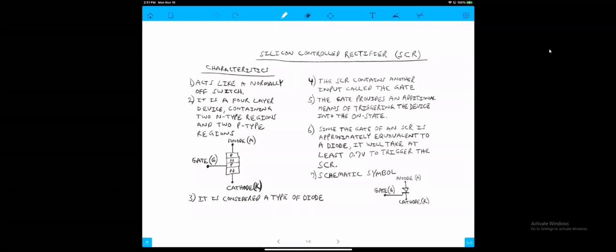Okay, now we're going to look at the equivalent transistor. How do we actually design an SCR using transistors? This is important because you're going to need to know how to do this for your SCR lab, since we don't have SCRs on Multisim Live.